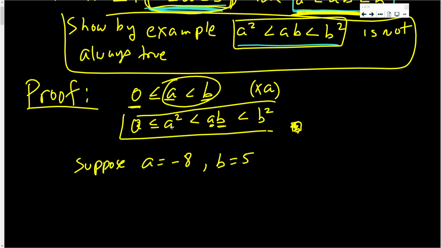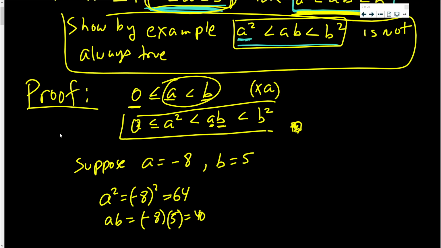And then we compute A squared, which is negative 8 squared, which is 64. Now we're going to compute AB, which is negative 8 times 5, which is 40. And B squared will be 5 times 5, which is 25.